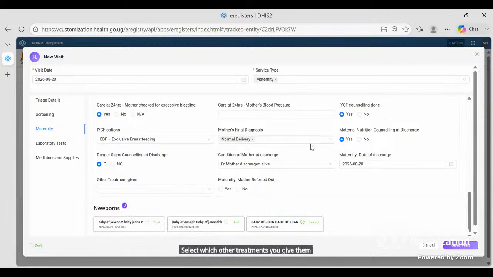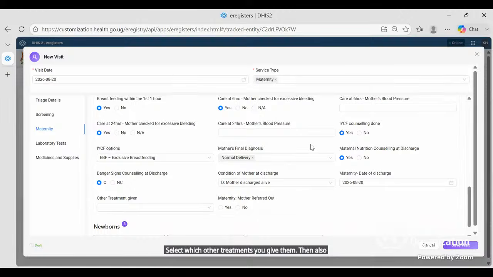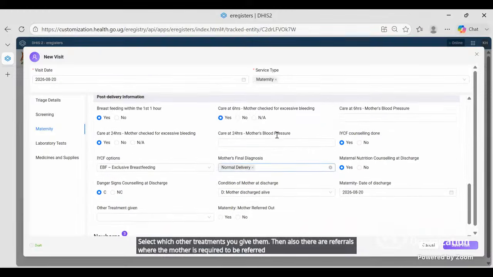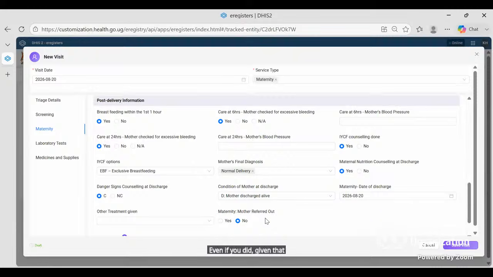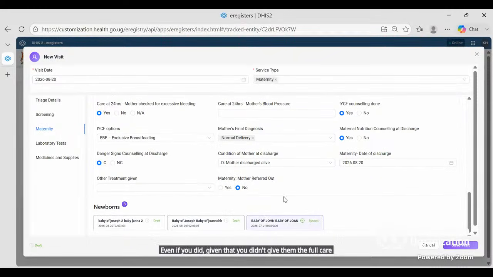Then also there are referrals where the mother is required to be referred out even before you fill all these different details. We have also put that particular data element there, and then you tell us where you referred this mother, even if you did, given that you didn't give them the full care for one reason or the other.